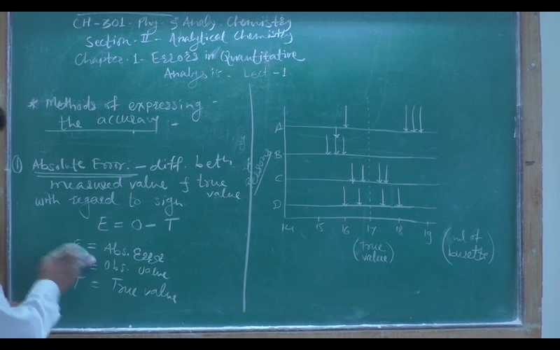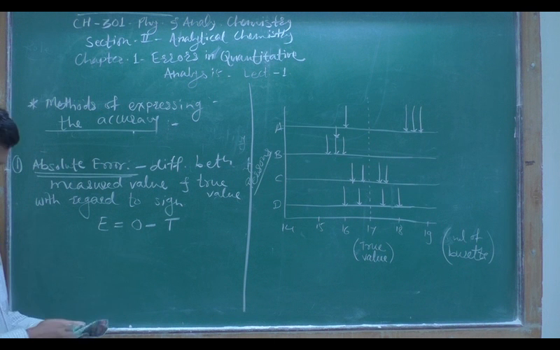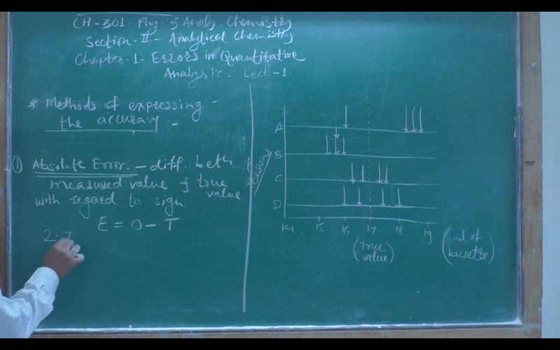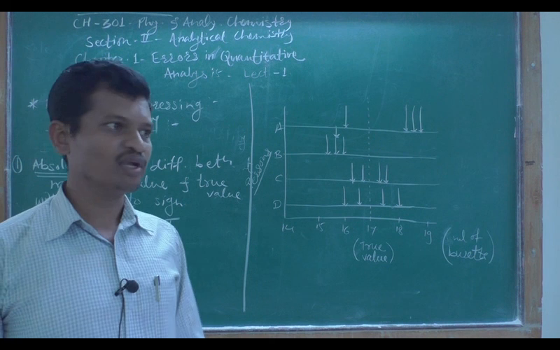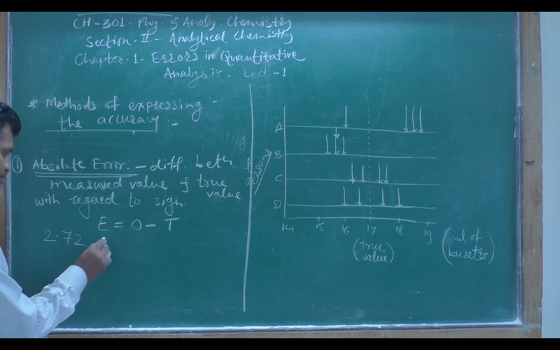For example, let us try to learn more about the absolute error. If we have a sample, and the accurate weight, or the correct value of the weight, of that sample is 2.72 gram.